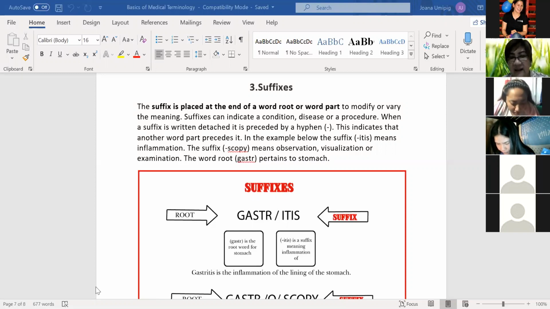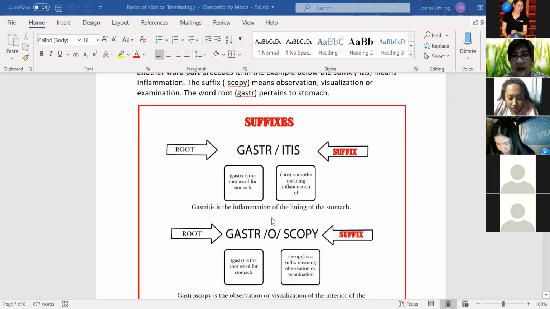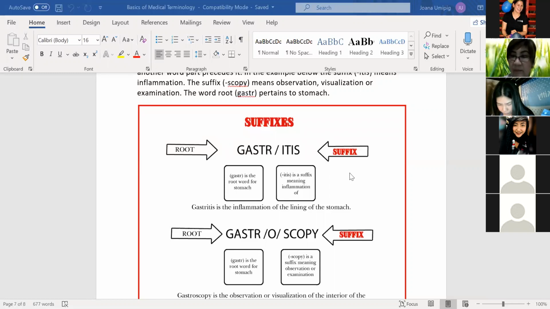So let's get into the example here, how to put this suffix. We have a root word of gastri, and we will add the suffix -itis. When combining these two words, it will be gastritis. Gastritis is the inflammation of the lining of the stomach.